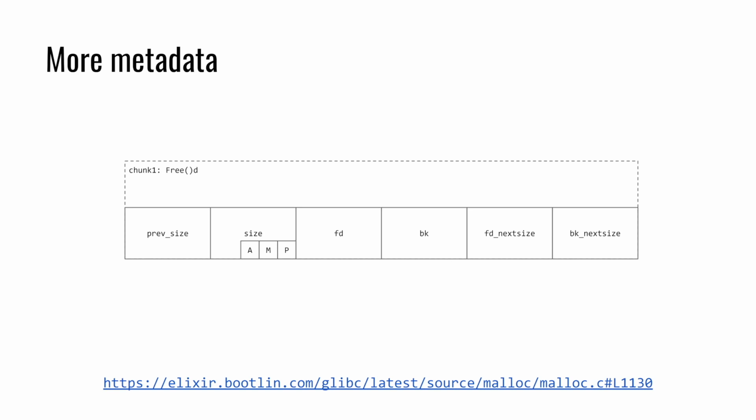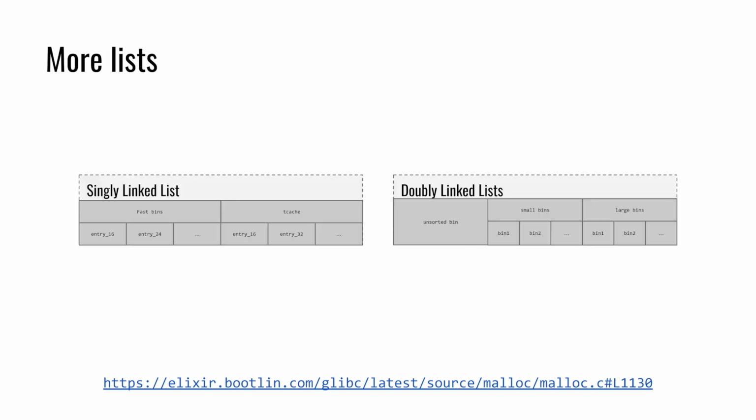But instead of having a next pointer and a key, we now have a forward pointer and a backward pointer. And in the case of large freed chunks, we also have a forward next size and a backward next size. So in a single freed chunk, there could be up to 4 pointers that navigate all of these chunks in different ways.